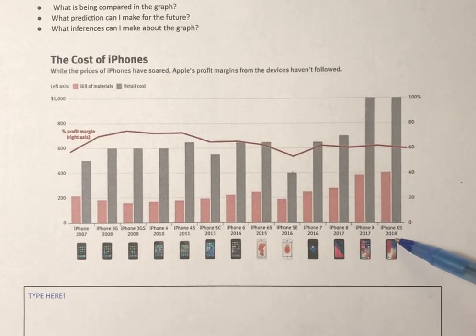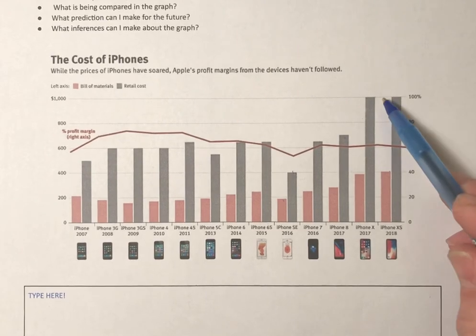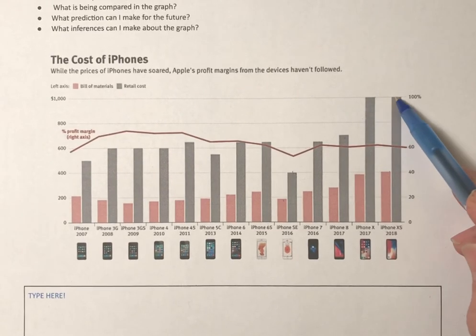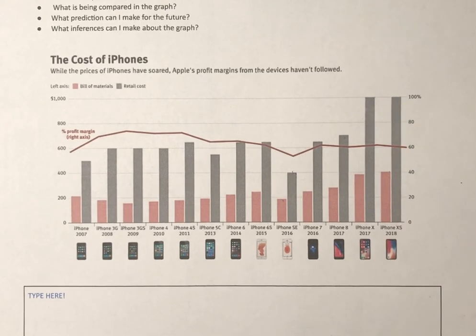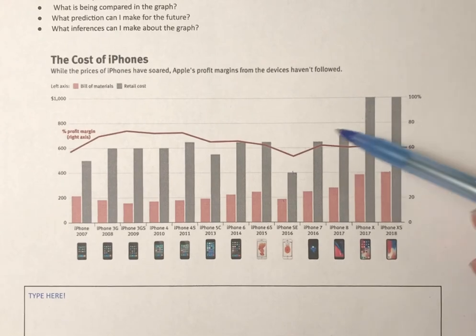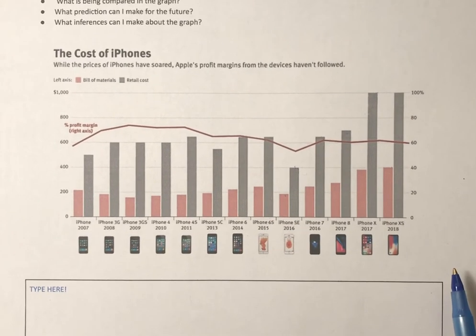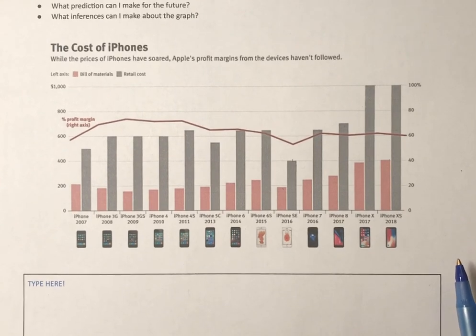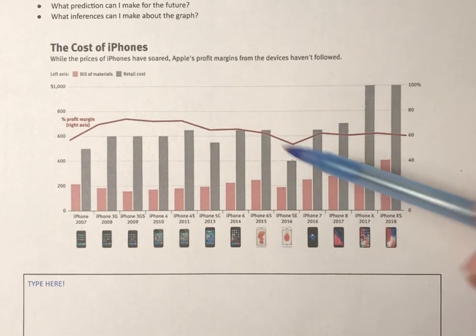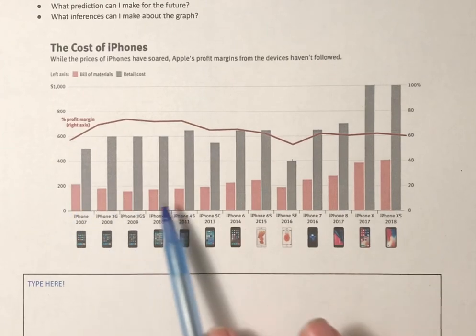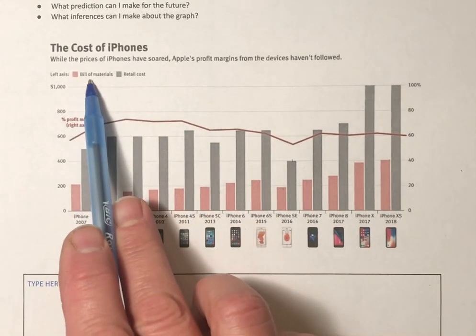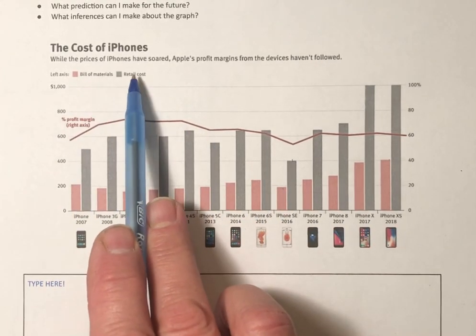And then for 17 and 18, the Model X and XS, these have a selling price of $1,000 here. Now, there is another quantity that is being measured here, and we don't often see this in a graph, but it's an interesting thing to track in relation to the cost of the materials and the retail cost.